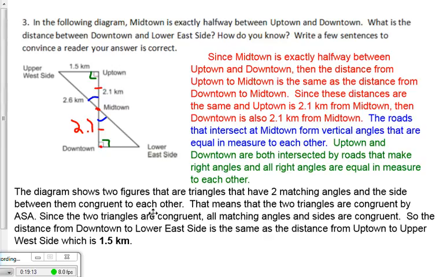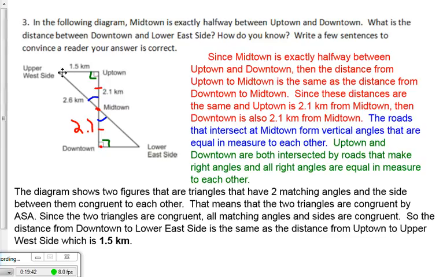Normally when we write it with a two-column proof, that's where we would say CPCTC. Corresponding parts of congruent triangles are congruent or equivalent. That's like a quick way to say that sentence. So the distance from downtown to Lower East Side is the same as the distance from uptown to Upper West Side, which is 1.5 kilometers.